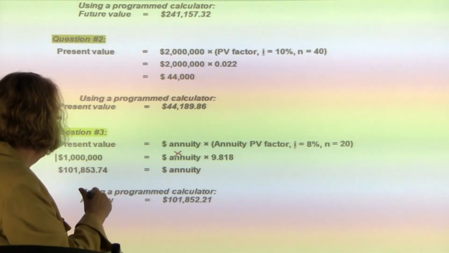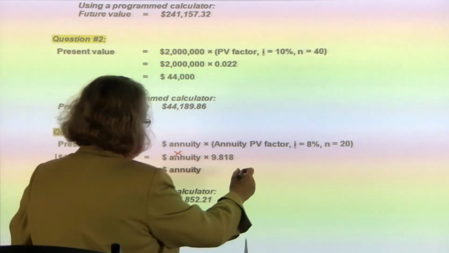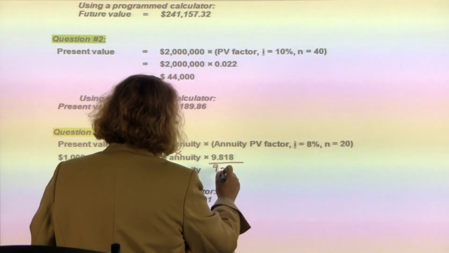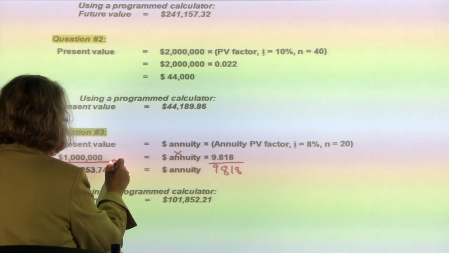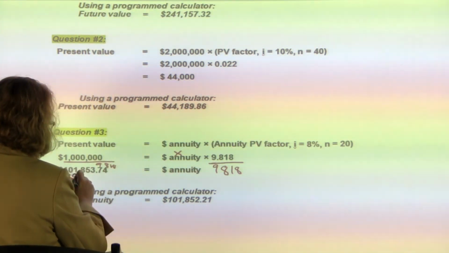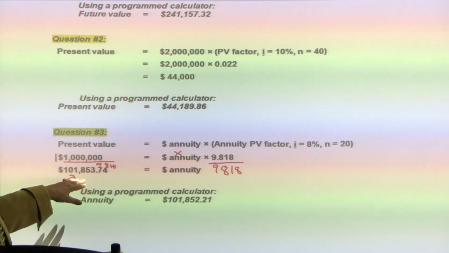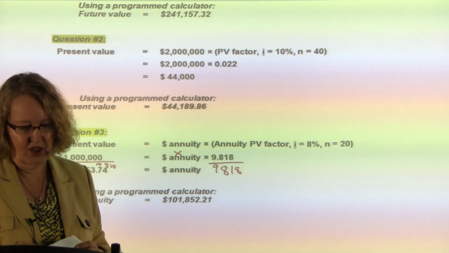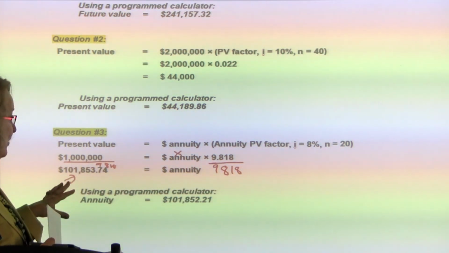So what you're doing here is you're going to take both sides of your equation and divide by 9.818, and that's how you come up with your 101,853. So that is the amount of money she will be able to withdraw at the end of the year for 20 years and still not run out of money.